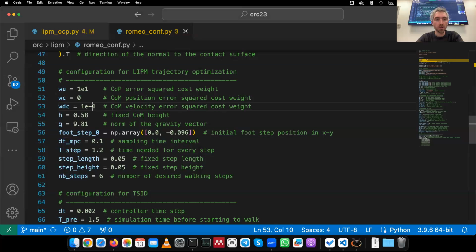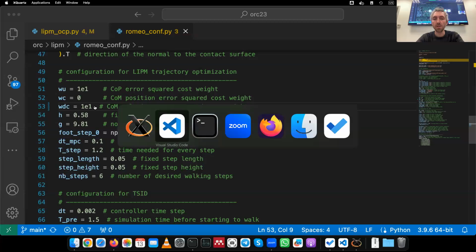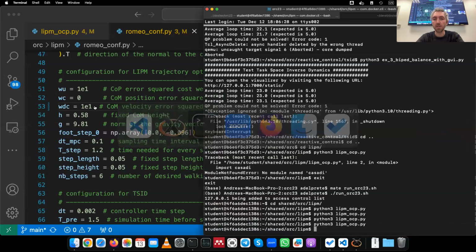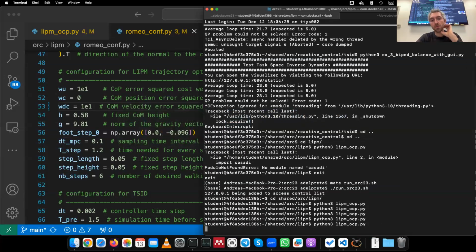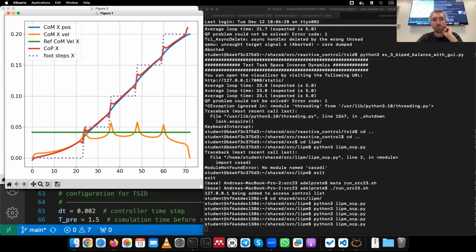So now we can change this weight. Instead of 10 to the minus 1, we simply set 10. And we can try to run this again and see what changes. Okay, you can see now we have a velocity of the center of mass which is much closer to the reference we are giving.